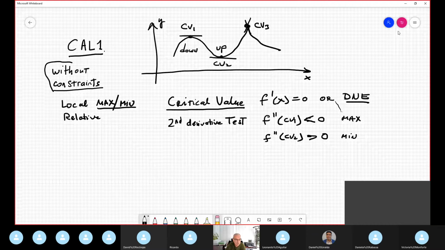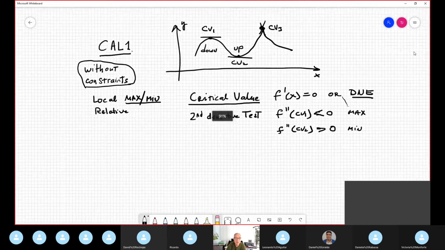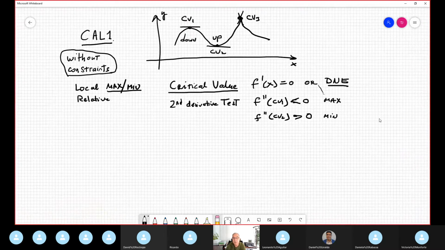This is without constraint. Let me analyze now with constraint, because today we're using all of this but in multivariable. Suppose with constraint.